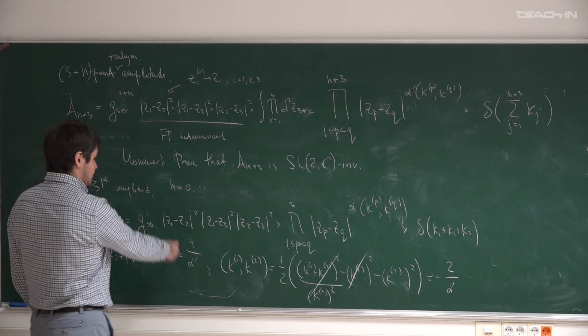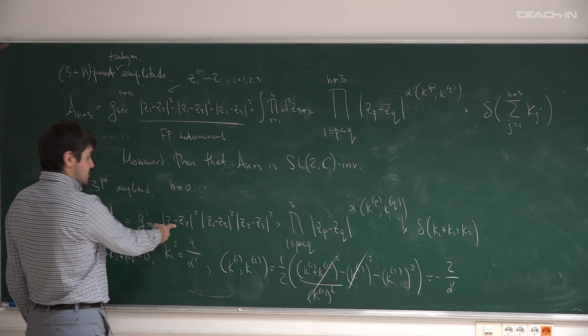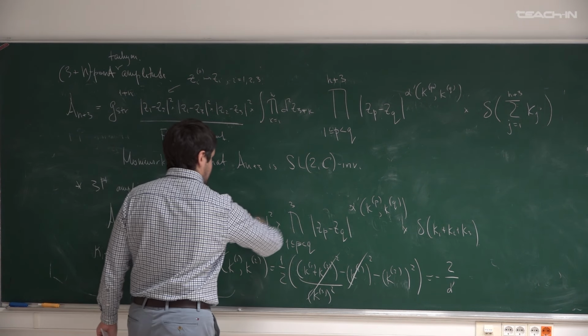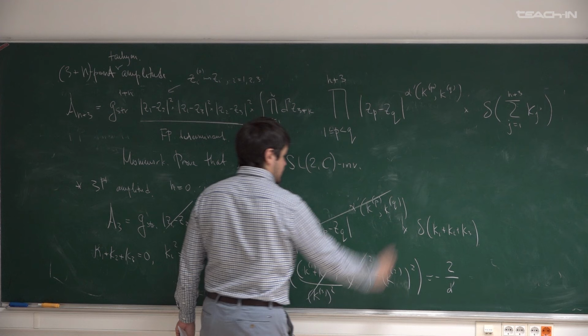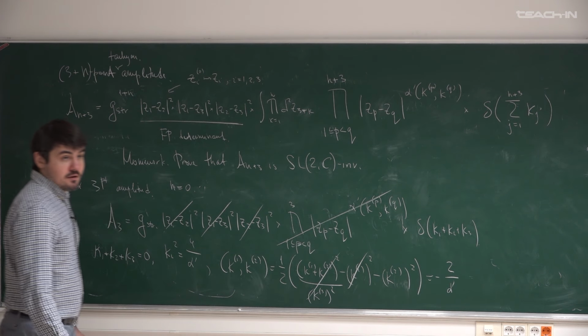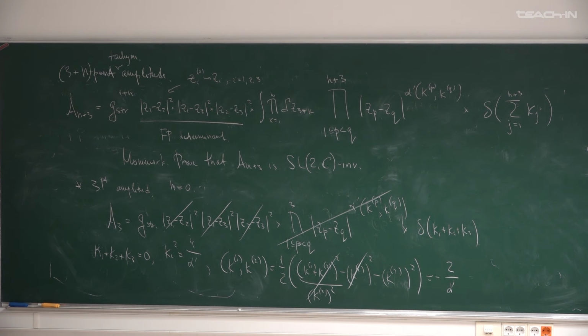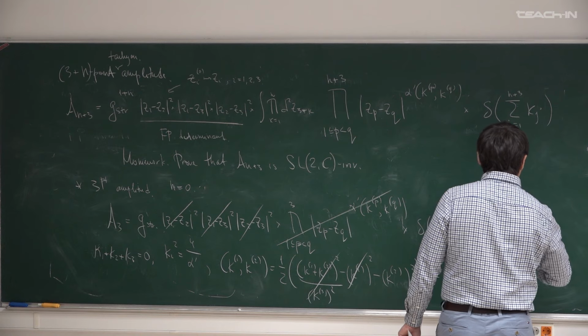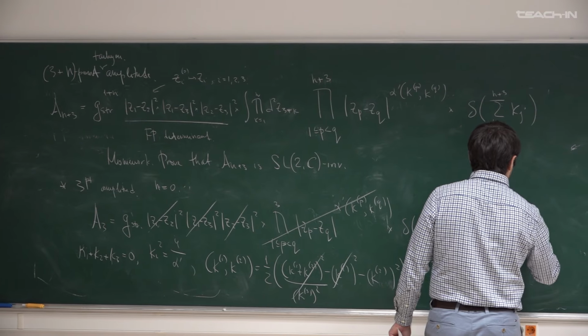And as a result, this cancels against these guys here. So the final answer for this amplitude is just G string times delta.